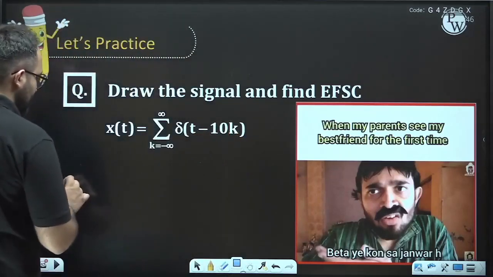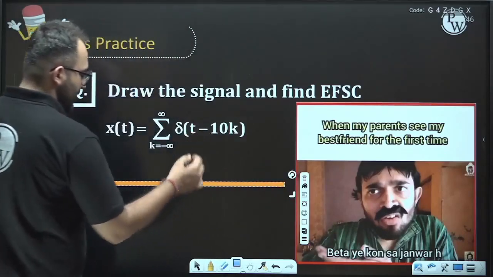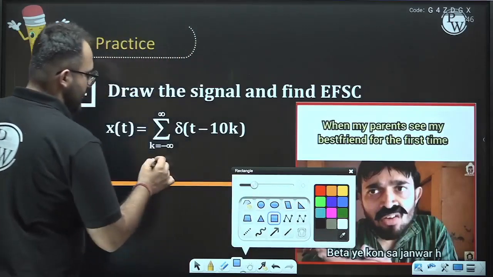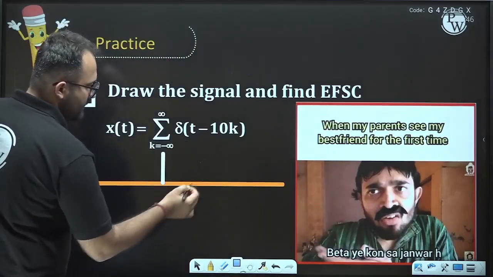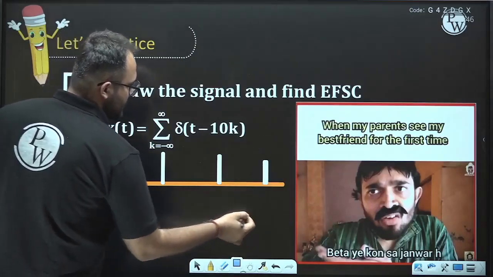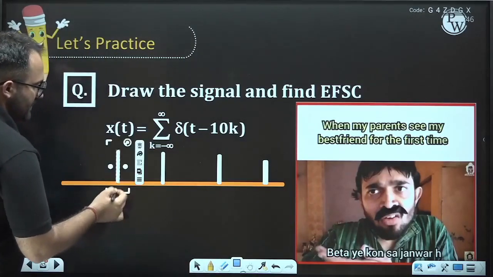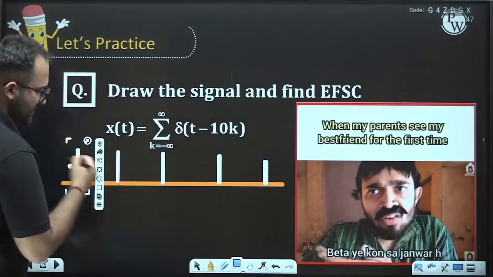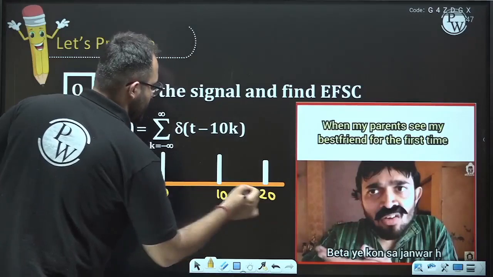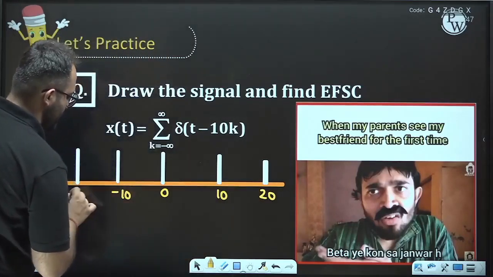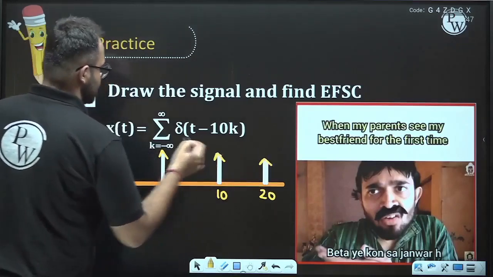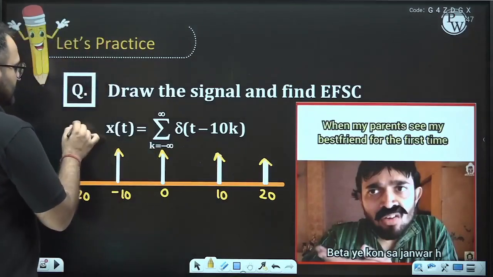We can see that we have impulses at 0, at 10, at 20, at minus 10, at minus 20, and so on. And the area of all the impulses is 1.